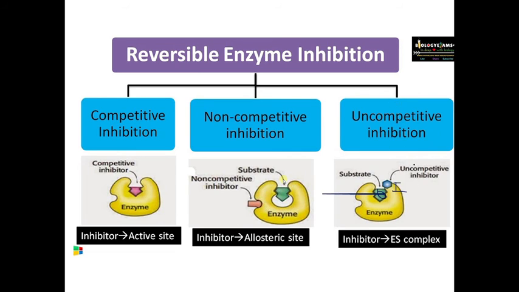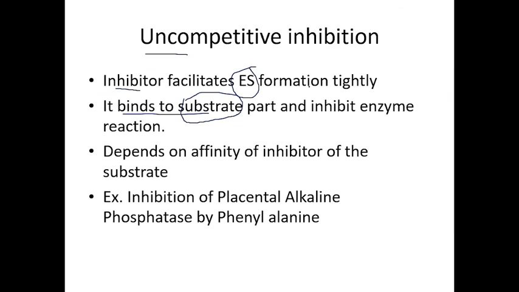In uncompetitive inhibition, the inhibitor always prefers the substrate part, so it has more affinity for the substrate. For this we have an example: inhibition of placental alkaline phosphatase by phenylalanine. Adding the amino acid phenylalanine causes inhibition of the alkaline phosphatase enzyme.